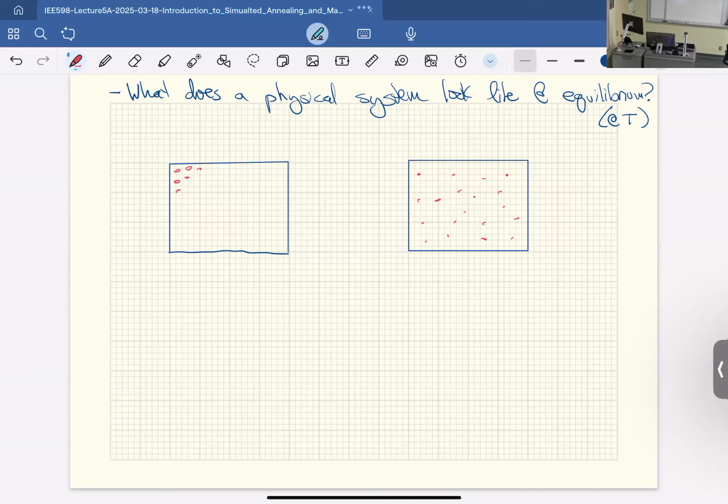If you think about it, each member of this gas, each little parcel of this gas, each molecule of this gas will move. It's thermally agitated. It's going to move.